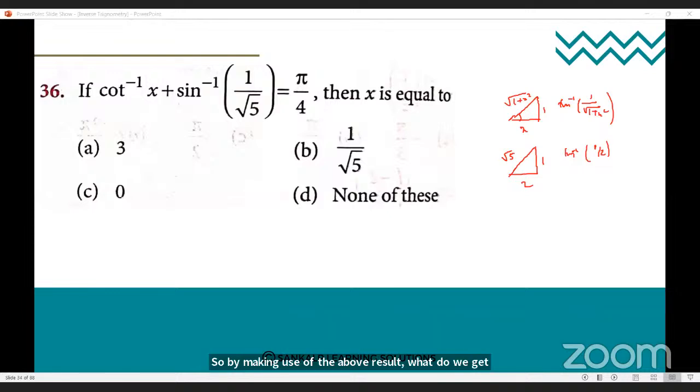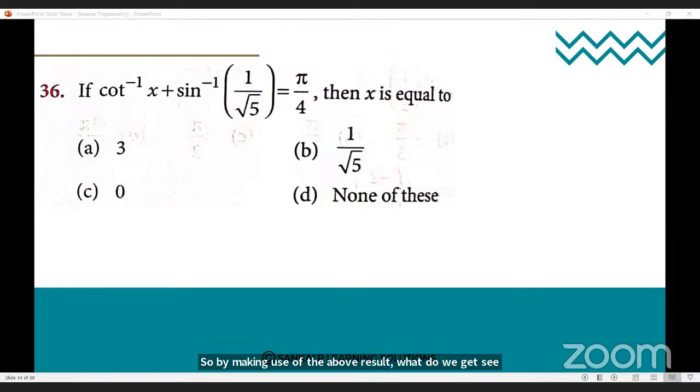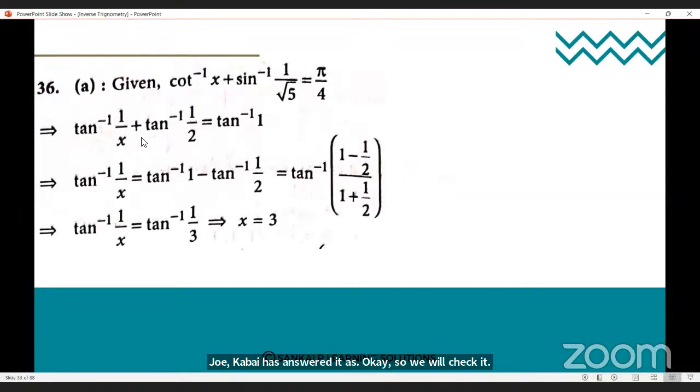Okay, so one of Jyoti, Kavya has answered it as B. We will check it. So tan inverse 1 by x plus tan inverse 1 by 2 is equal to tan inverse 1.